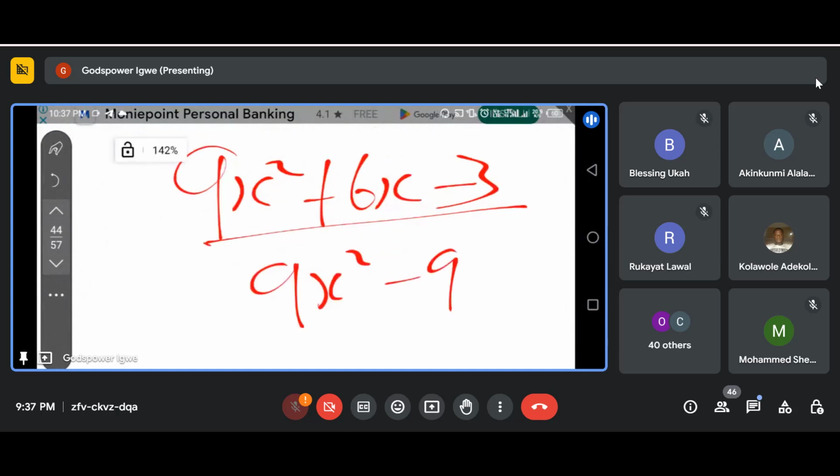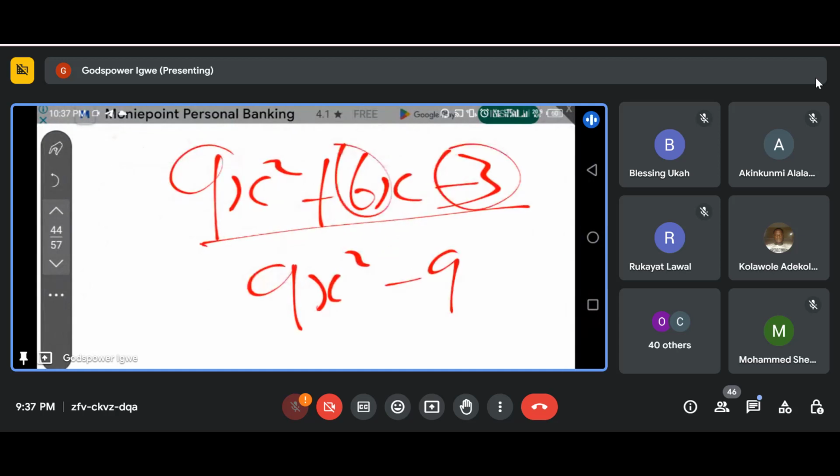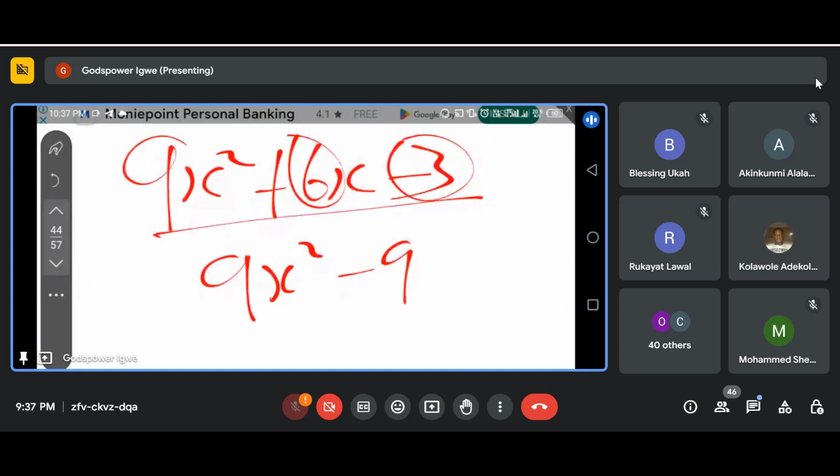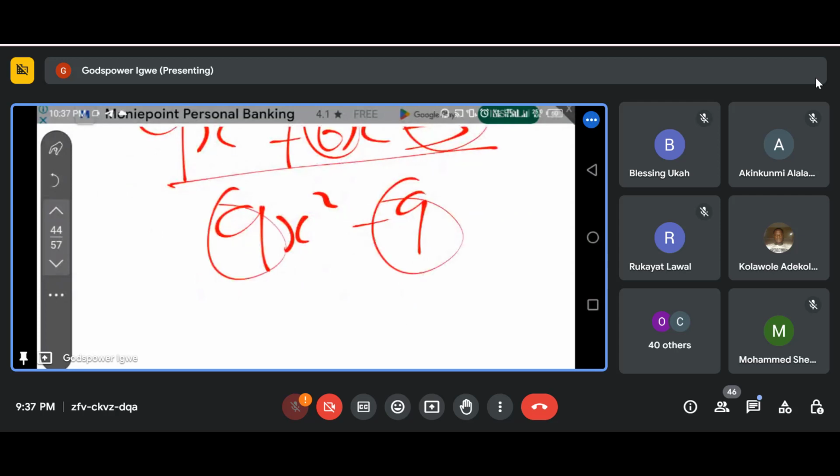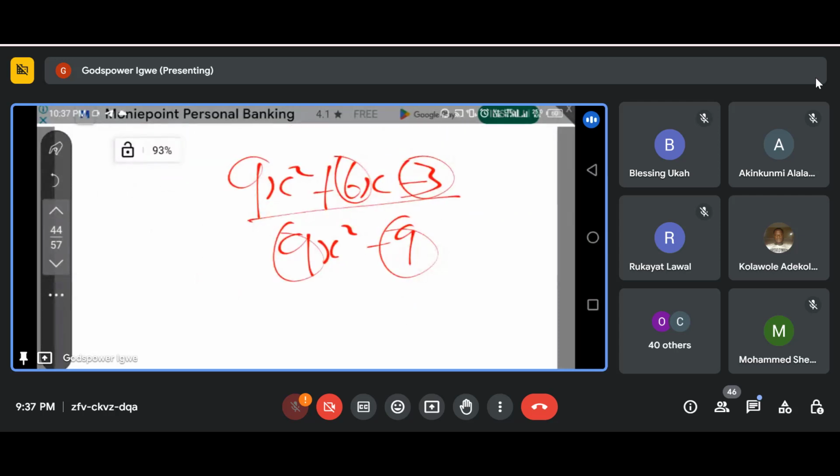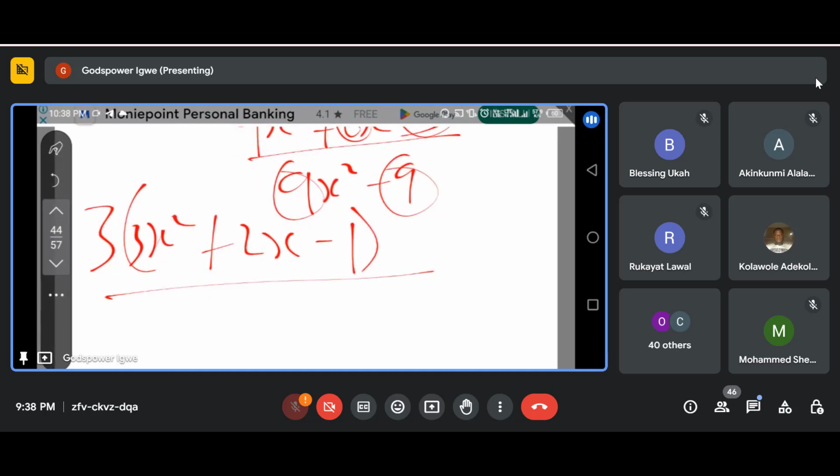both of them. And we have already seen that this 3 can go here, and so also here, 9 can go here. So what do we do? We just come here and say 3 brackets. 3 going into 9x squared is going to give us 3x squared plus 2x minus 1. And then this other one is going to be 9, then this is going to give us x squared minus 1.